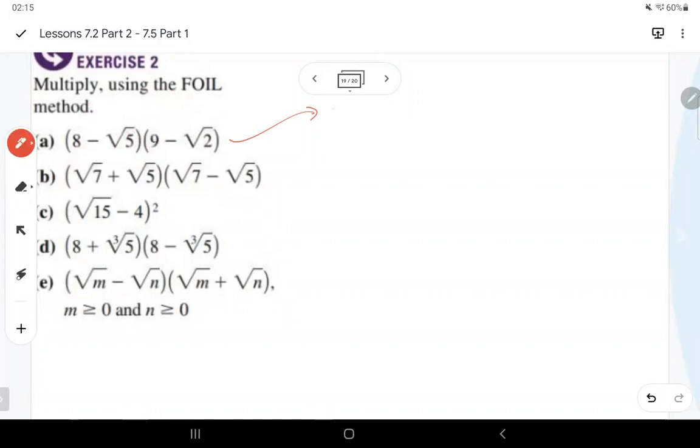So I'm going to do 8 times 9, and then minus 8 square root of 2, minus 9 square root of 5, plus square root of 5 times square root of 2.